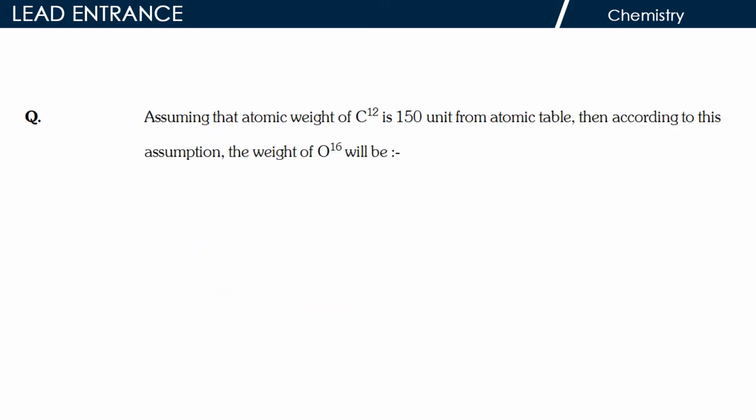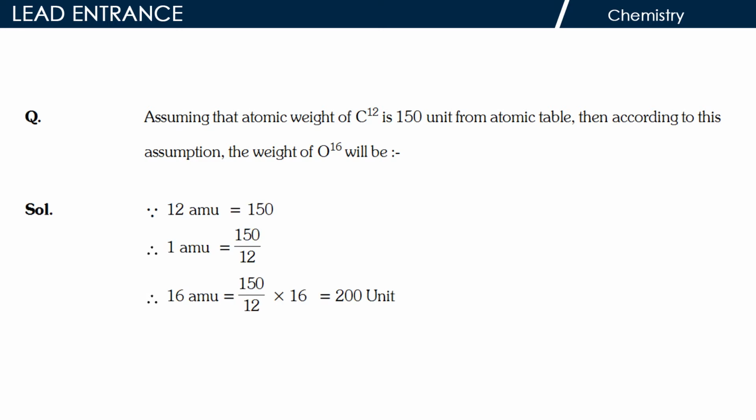Question 5. Assuming that the atomic weight of carbon-12 is 150 units from our atomic table, then according to this assumption, the weight of oxygen-16 will be. Solution. 12 atomic mass unit is equal to 150.